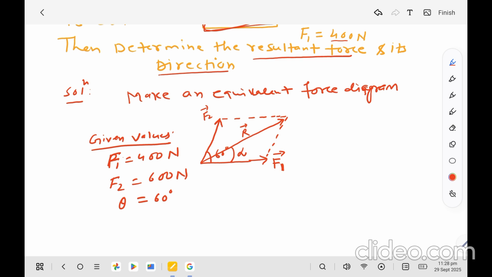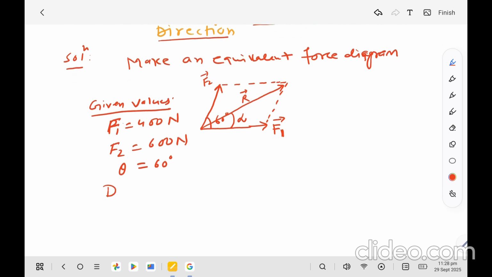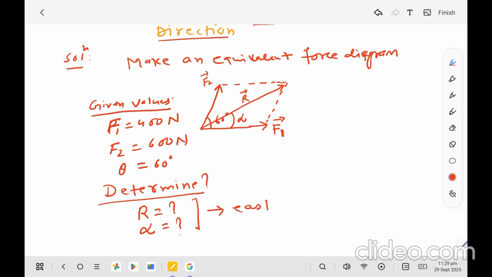And what do we need to determine? The resultant force and the angle of this R with F1. So we need to estimate these two parameters.